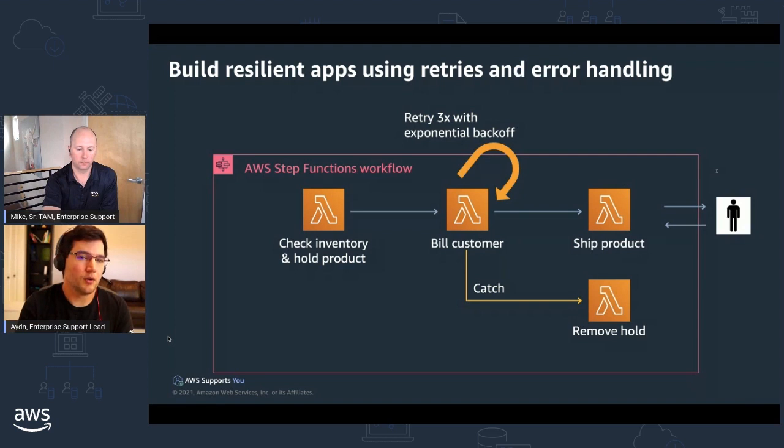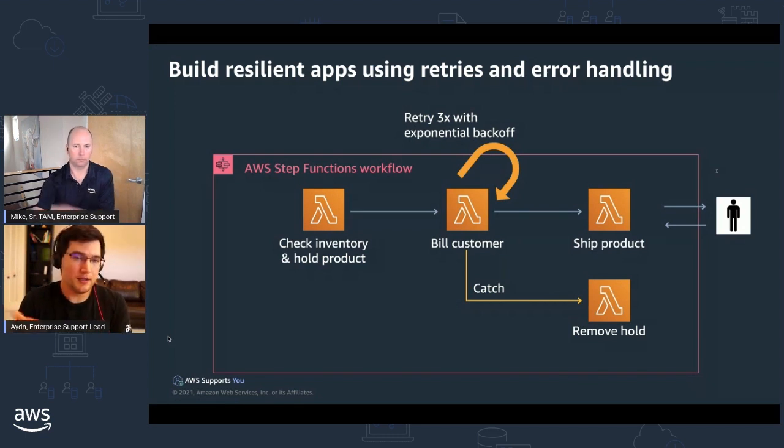Retries and backoffs are usually code you'd have to build yourself or take advantage of from our SDKs. But having this built in automatically through step functions helps with that resiliency that you're looking for, and gives you a more reliable application.